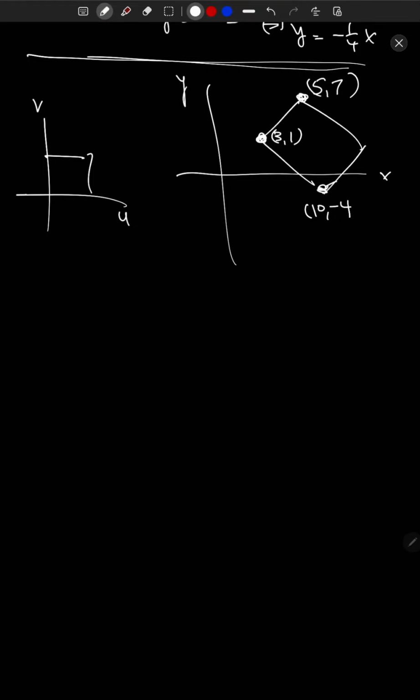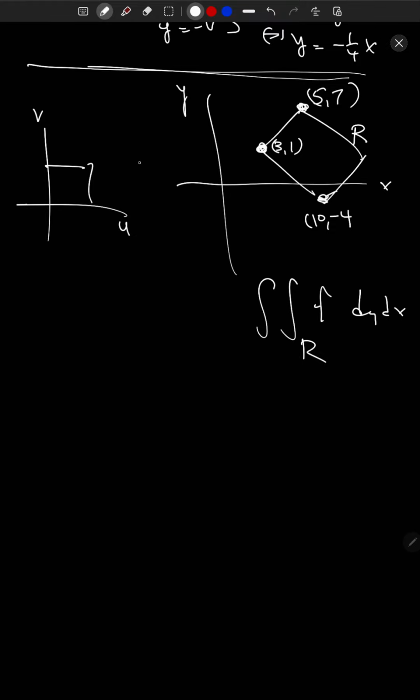So here's the problem. For example, I have an integral, dy dx, of some function, doesn't matter, over the region R. It's too hard to work with because the region is horrible. I'm going to have to break it up into two integrals, and I don't feel like doing that. So instead I'm going to figure out a transformation that goes from uv to xy, where a simple rectangle goes to this horrible parallelogram.